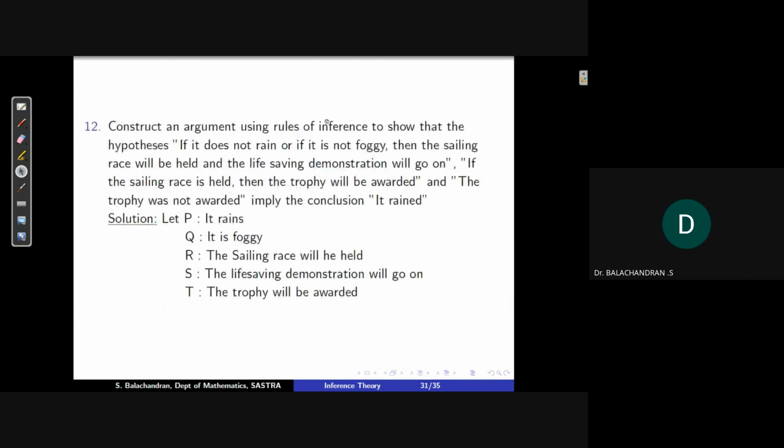Second premise: if the sailing race is held, which means R, then the trophy will be awarded. R implies T. You can check it.